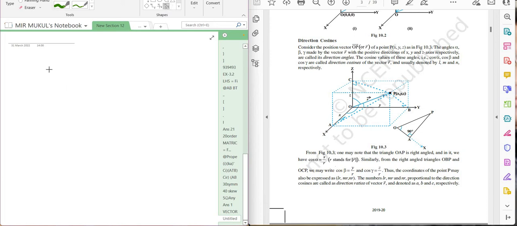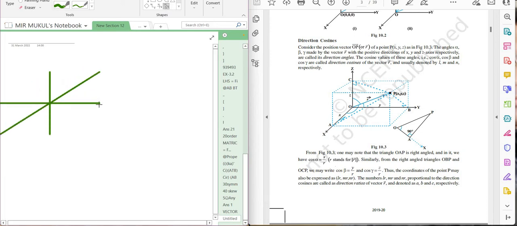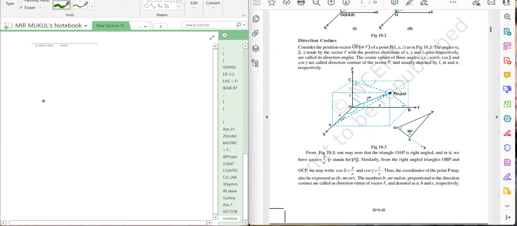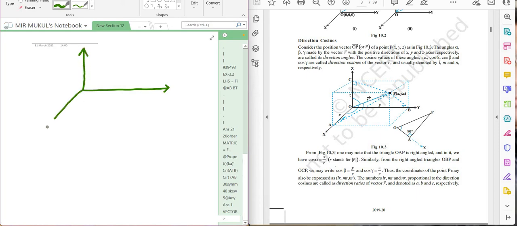So I'm taking a three-dimensional figure, or I'll draw it, it is better. So suppose x-axis, this is y-axis, and this is z-axis.